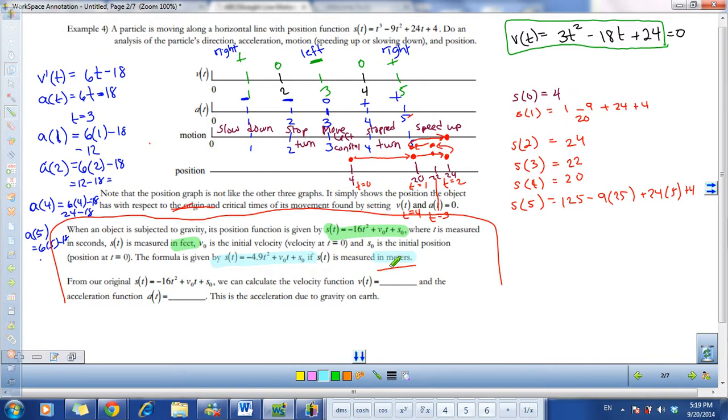Okay, so here's our original one. So we can calculate the velocity function. So yes, we can. How? By taking the first derivative. So it'll be negative 32t. And the acceleration function, which is just going to be negative 32, because it's the derivative of my velocity. This is the acceleration due to gravity on Earth. So I don't know if you guys knew that, but we do have an acceleration of negative 32 feet per second squared.